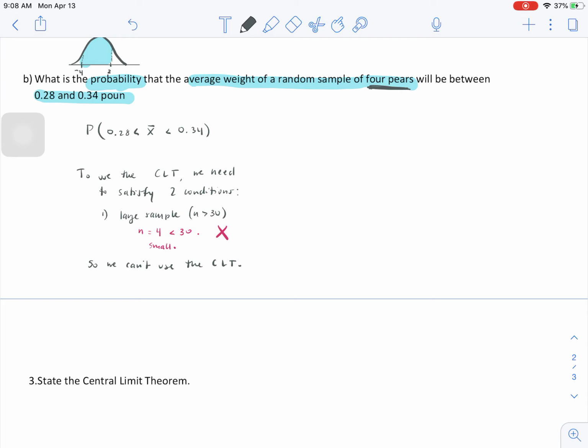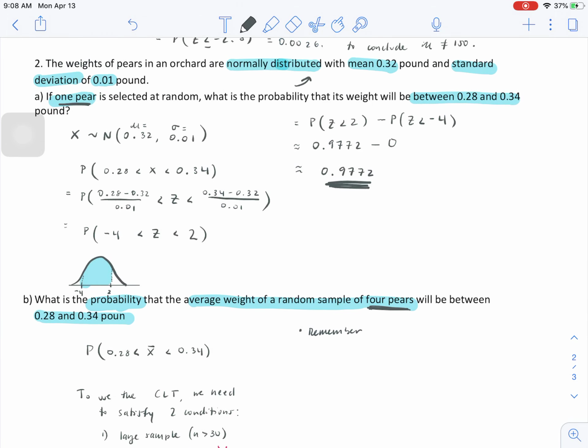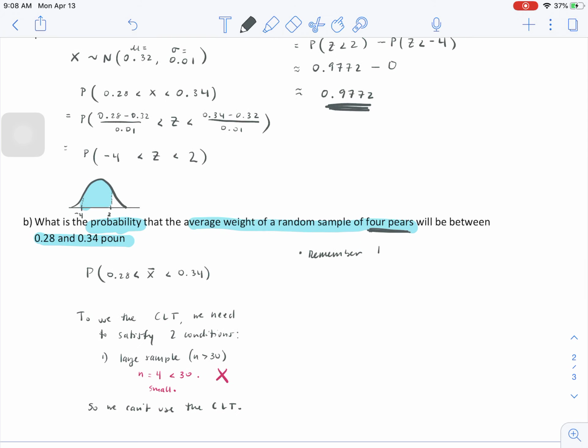But it turns out that's not really a problem for us, because remember that we were given that the population distribution is actually normal. We were given that the weight of pears in the orchard is normally distributed.